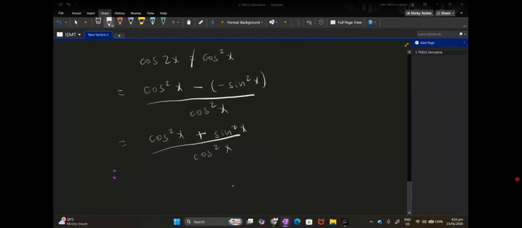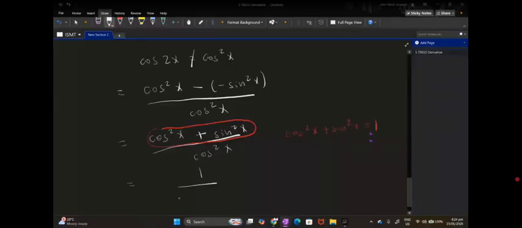Yan. So, may napapansin ba kayong identity here? So, yung identity natin sa taas, similar siya sa Pythagorean identity, which is cosine squared x plus sine squared x is equal to 1. So, pwede na natin siya i-evaluate as the Pythagorean identity.